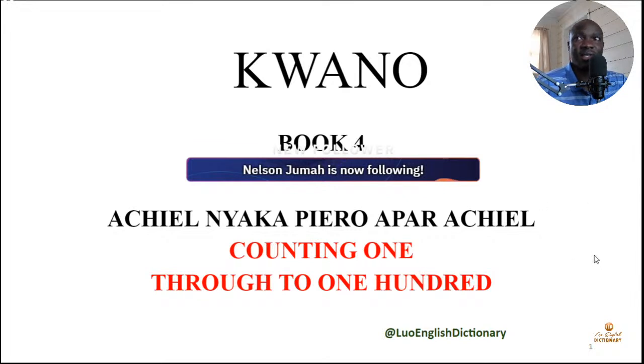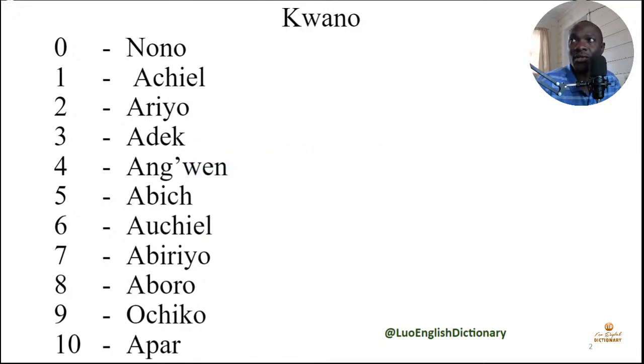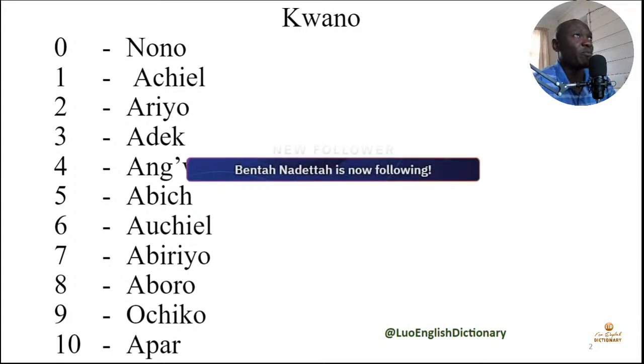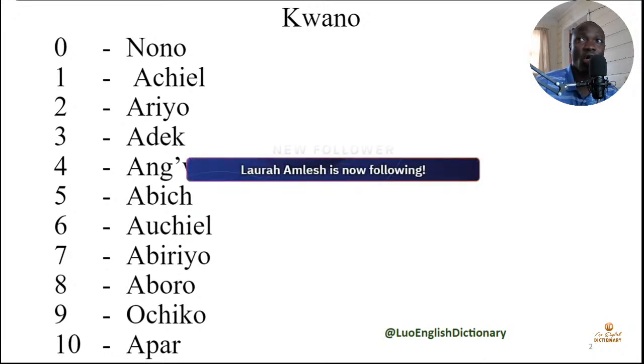Now 0 is usually not included in the works because 0 is no. So what I've done is I've done the syllables of counting for each and every one of them so that we learn how to individually count. I will start from 0. 0 is easy. 0 is no.